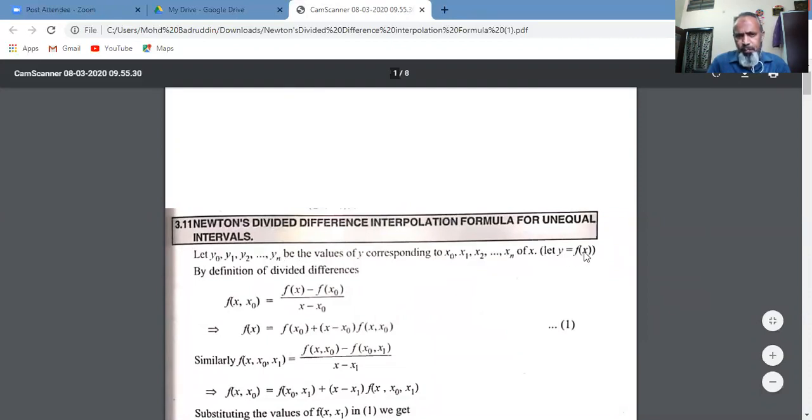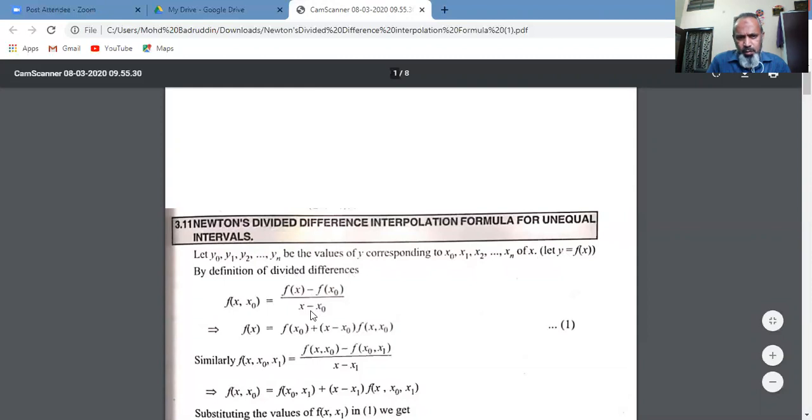So by definition of divided differences, what is the first divided difference of the two arguments x and x0? It is [f(x) − f(x0)] / (x − x0). So this is the formula of divided difference.